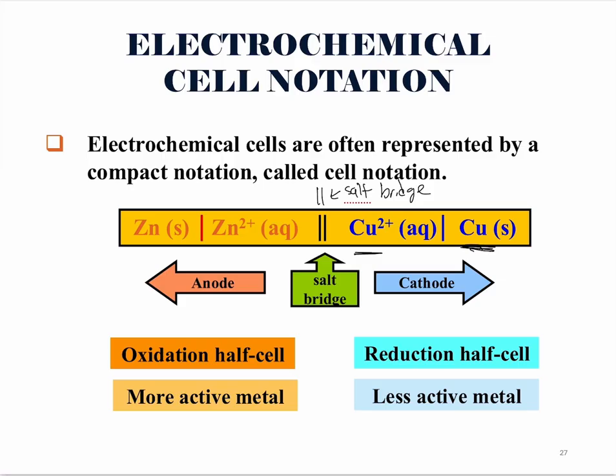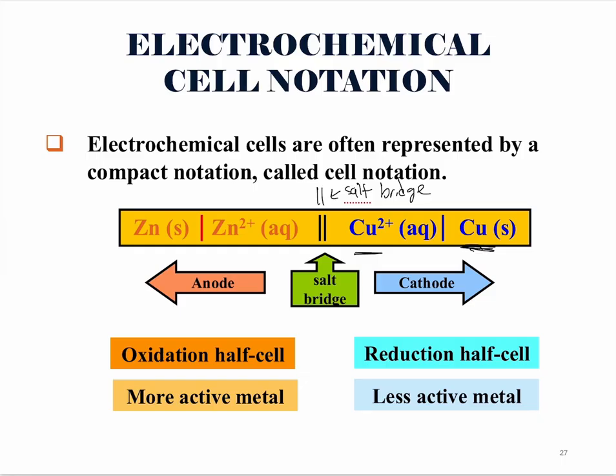So the unoxidized version of the metal and the oxidized version are separated by a bar on the anode. They're separated from the cathode by a salt bridge, which is just symbolized by a double bar. And then at the cathode, where the reduction reaction happens, we have initially copper 2+ ions in solution.